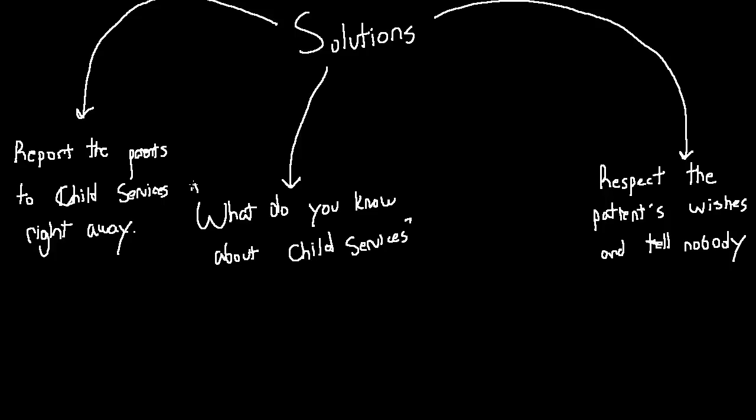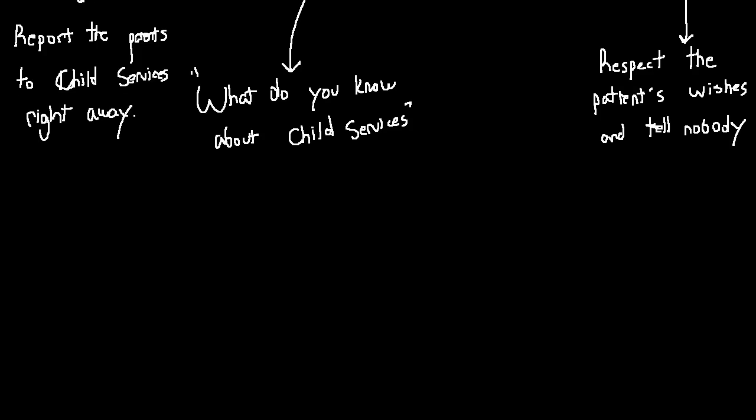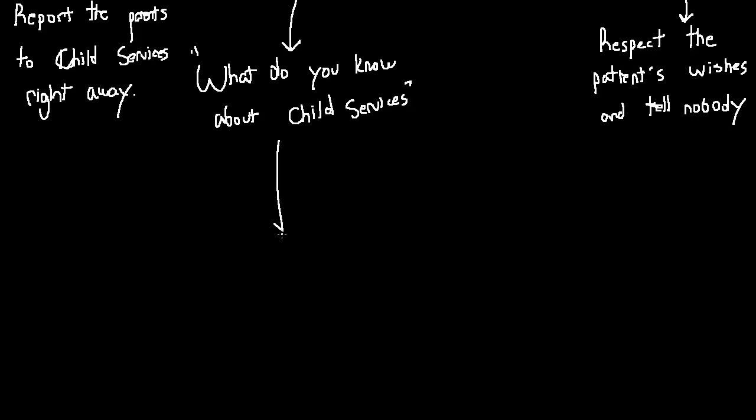He's not saying don't go ahead and tweet this out to your friends. He's really talking about child services. So, what do you know about child services? What are the consequences? Have your parents mentioned the consequences? What do you know? I should say, what are your expectations on how they can help you?